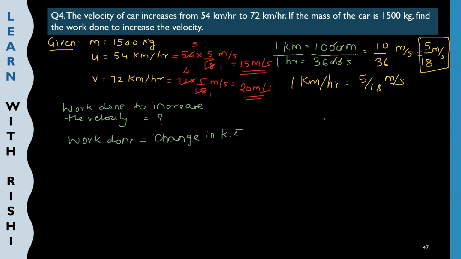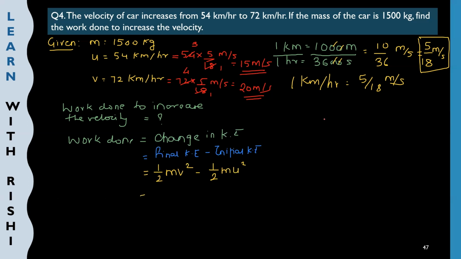So here the formula will be final kinetic energy minus initial kinetic energy. Final kinetic energy is half m final velocity square. Initial kinetic energy is half m initial velocity square.